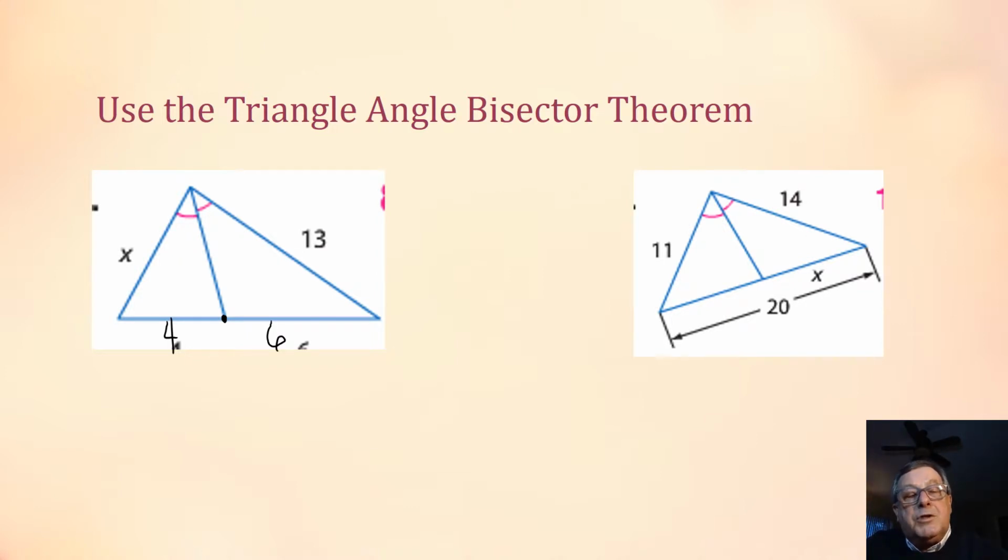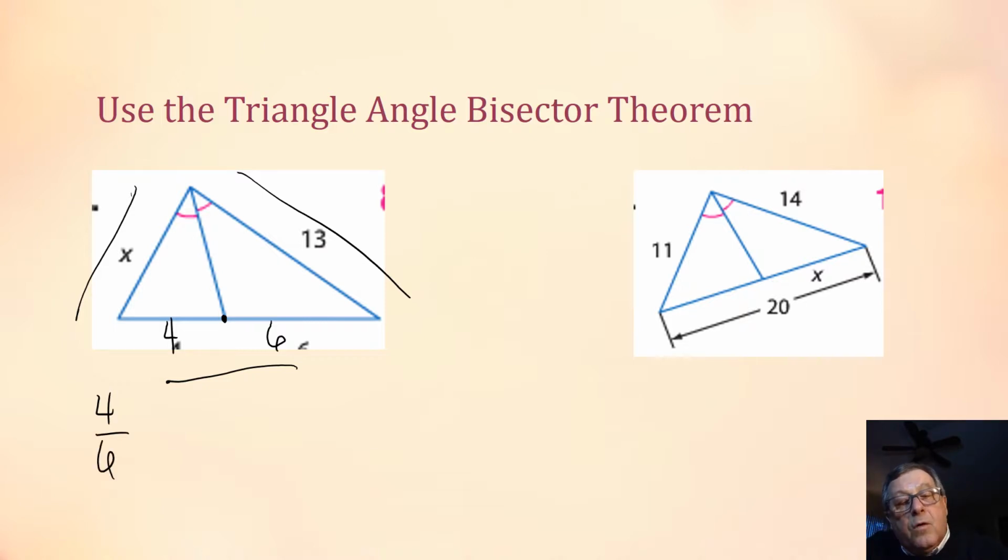So we've got proportionality between these, and for those two sides there. Let's do this setup. We've got 4 over 6, and you could put 6 over 4. Now order is important. Since I put this one first, I want to use the x here in the numerator over 13.